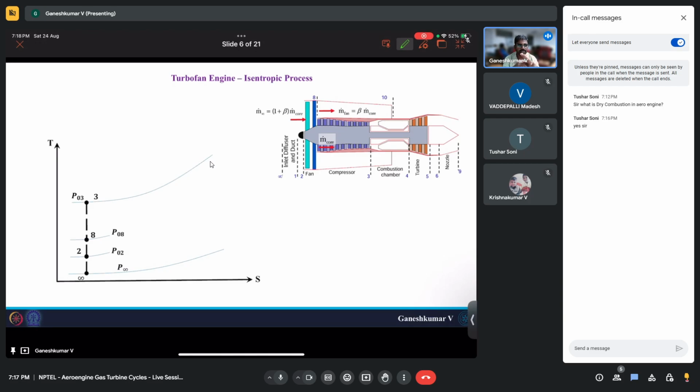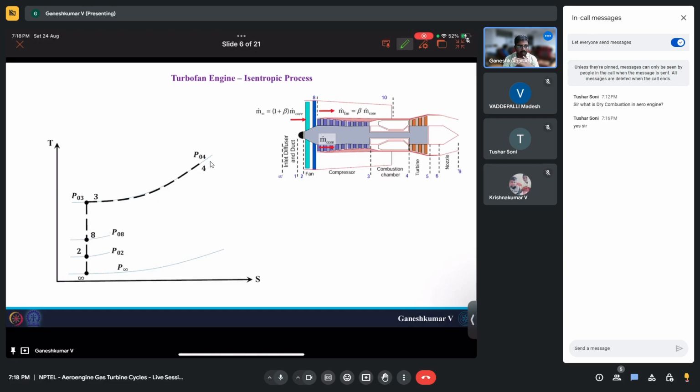So during the combustion process, if there is no pressure loss, what would happen? The process lies on the same line. I hope everyone is able to understand. The process will happen only along this line. So the exit of the combustion chamber, since there is no pressure loss, follows the same line and reaches 4.